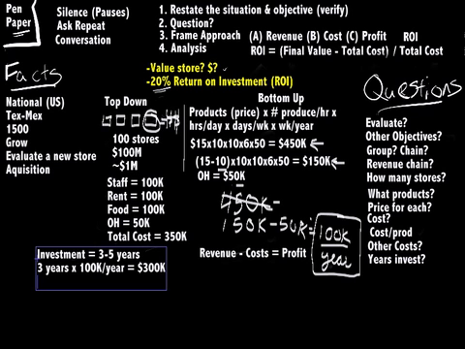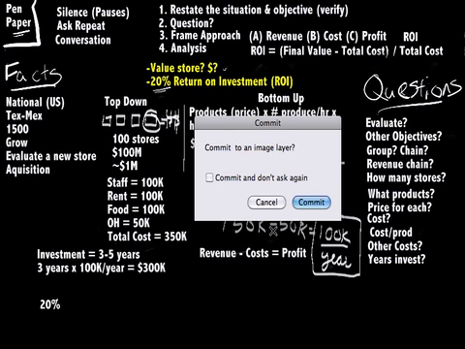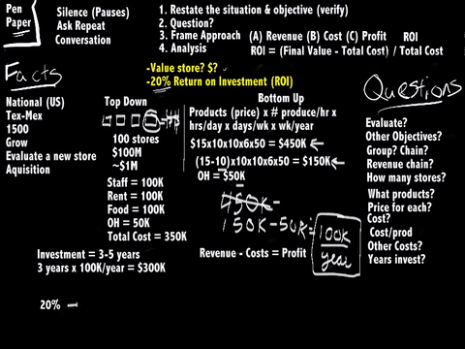And remember, we want the 20% return on investment. So keeping that in mind, looking at the formula that is up here, final value minus total cost over total cost, we want to know what the total cost is.